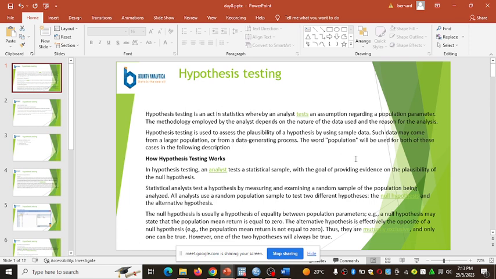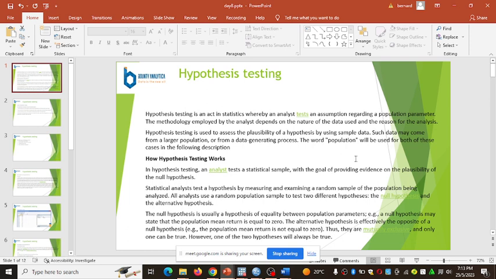So if our data does not support that claim, or if our data supports that claim, we make conclusions based on the alternative of the null hypothesis. So the alternative hypothesis is the opposite of the null hypothesis.